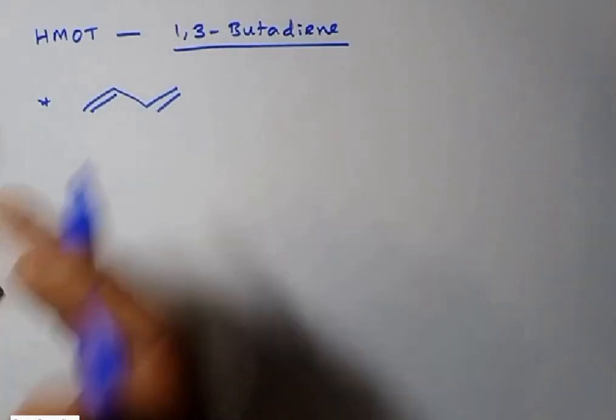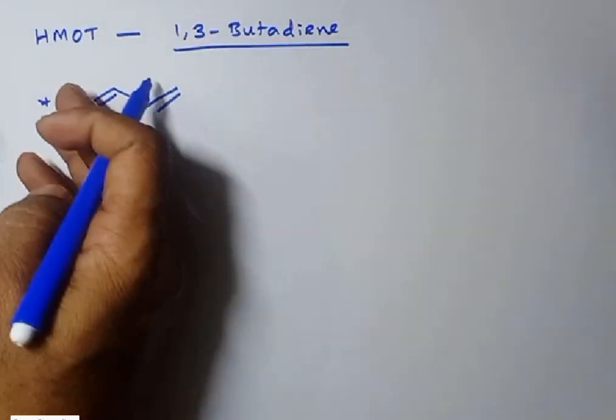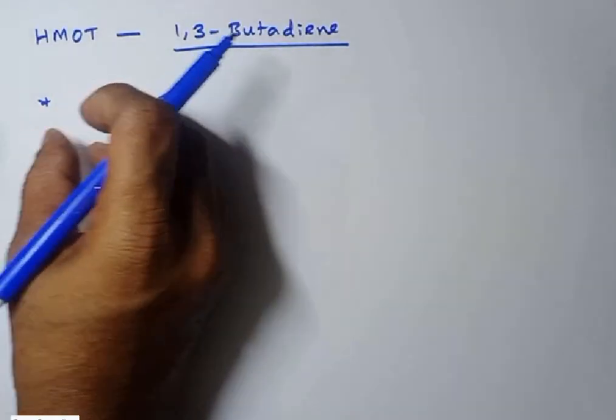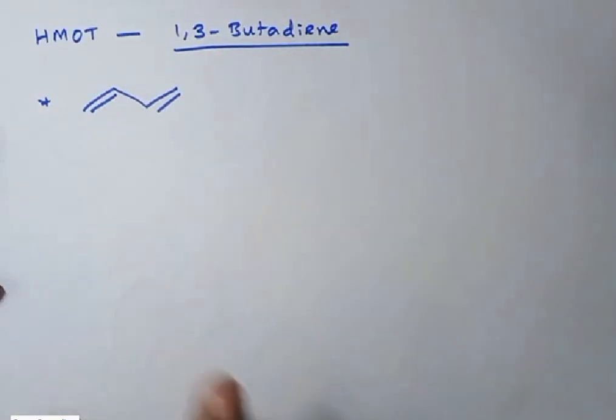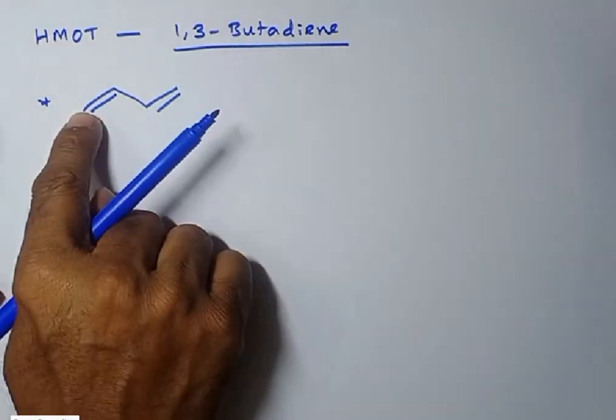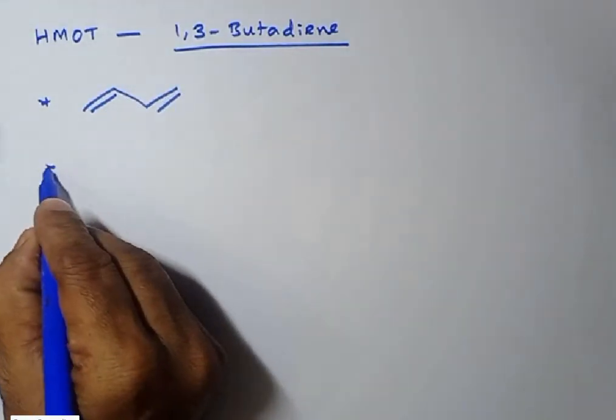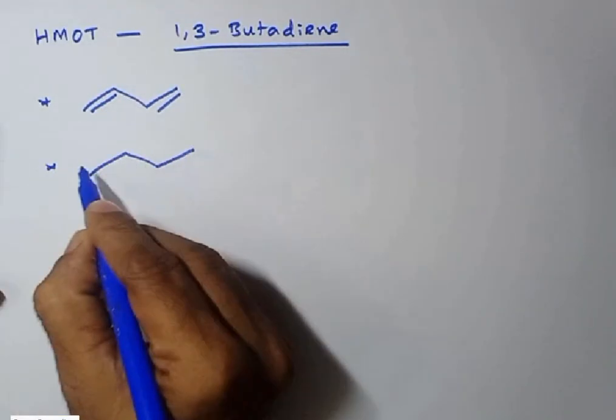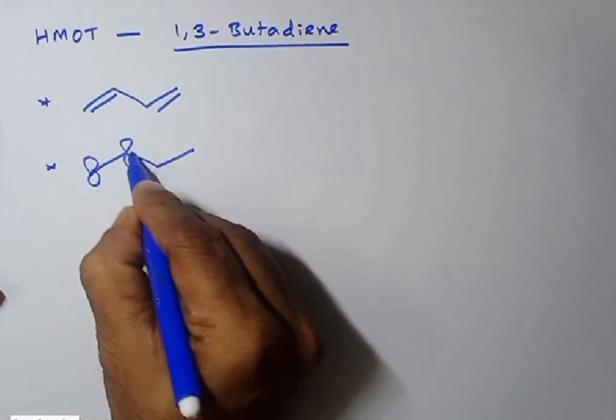As per organic chemistry, we say that the electron cloud and the pi electrons move freely from one end to the other. Now, as per Hückel molecular orbital theory, there are 4 carbon atoms and each carbon has a p orbital.